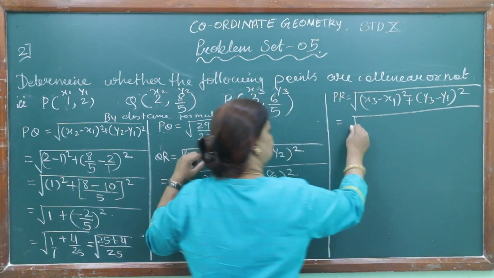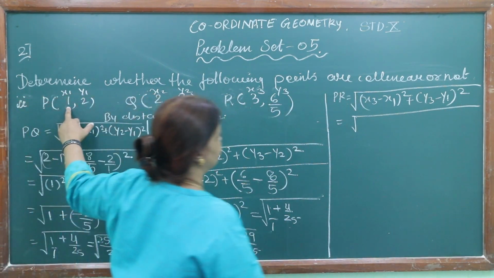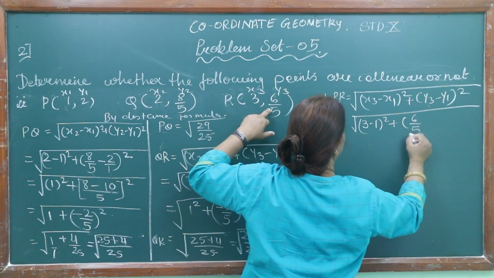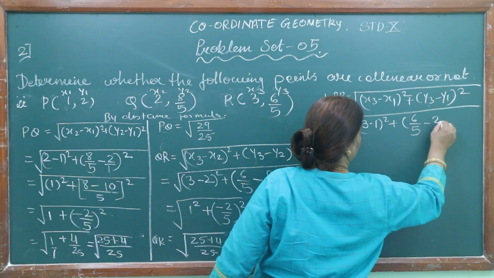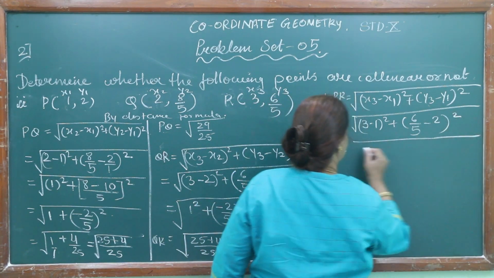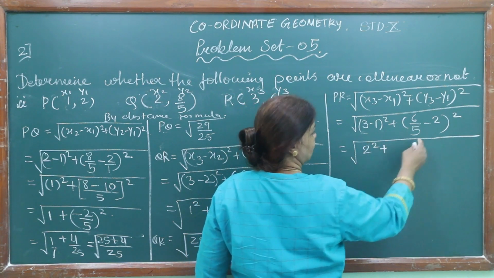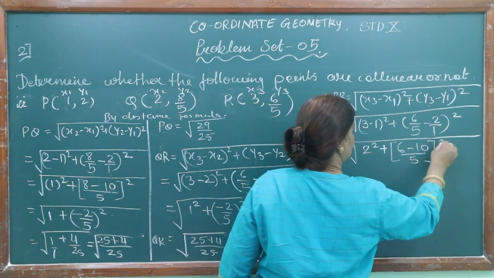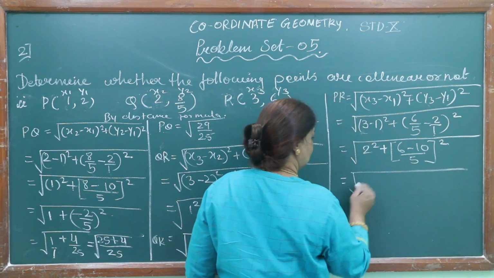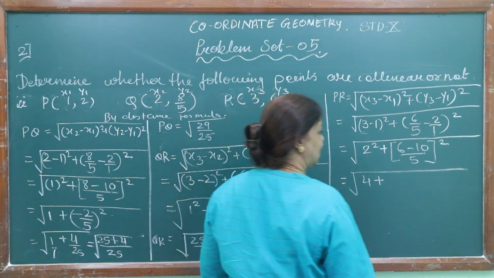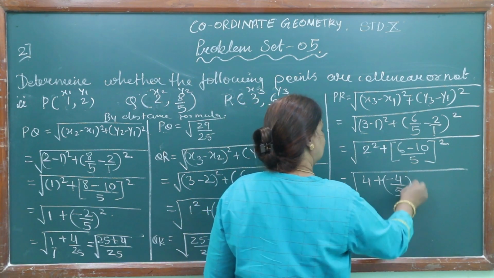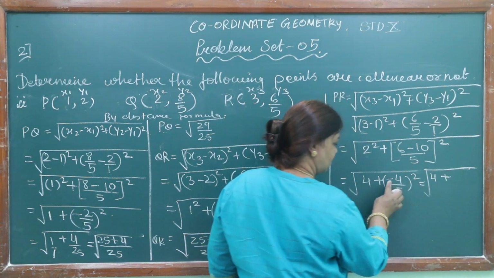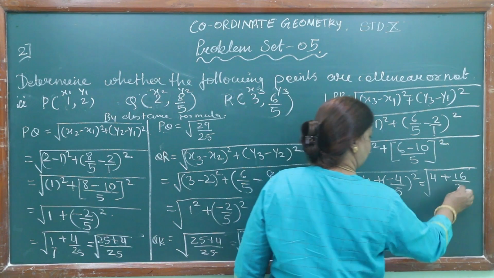Place the values. x3 is 3 minus 1, the whole square, plus y3 is 6 upon 5 minus 2, the whole square, which is equal to 3 minus 1 is 2 square, plus upon 1 cross multiply 6 minus 10 upon 5 the whole square, which is equal to 2 square means 4, plus 6 minus 10 is minus 4 upon 5 the whole square, which can be written as 4 plus minus 4 is 16 upon 25.